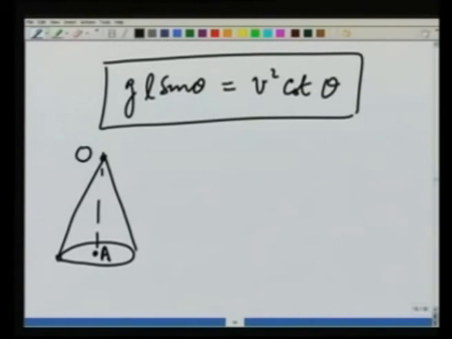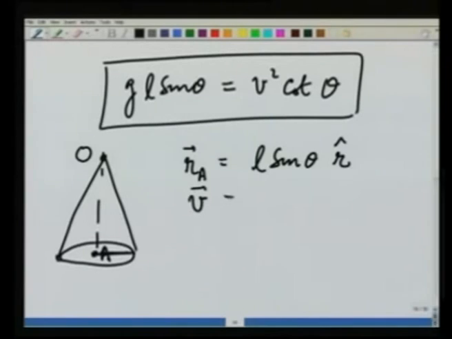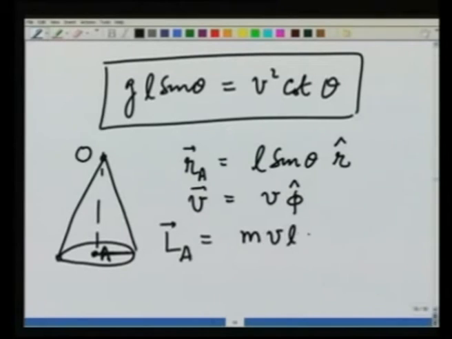Earlier we took torque and angular momentum about that point. Now we are going to do it about point A. So, let us again see, if I take A as origin, then r with respect to A is going to be equal to L sin theta in the r direction, and velocity is nothing but v phi, and therefore, angular momentum about A is going to be m v L sin theta, r cross phi is z.